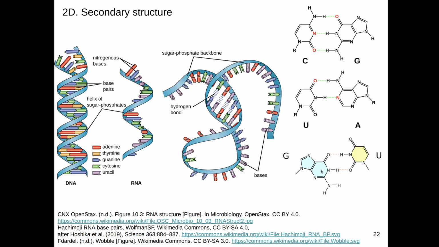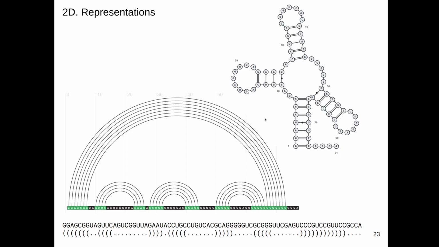But wobble base pairs are very frequent in RNA, not as frequent as canonical base pairs, but they are normally also considered as a part of secondary structure. So we have 3 types of base pairs, and the set of base pairs of these 3 types on top of RNA sequence is what we call RNA secondary structure. Now, we have 3 popular ways to represent a secondary structure.